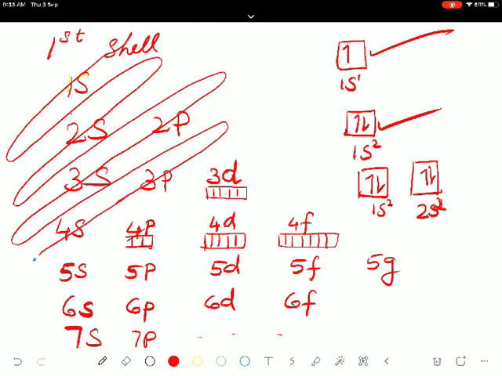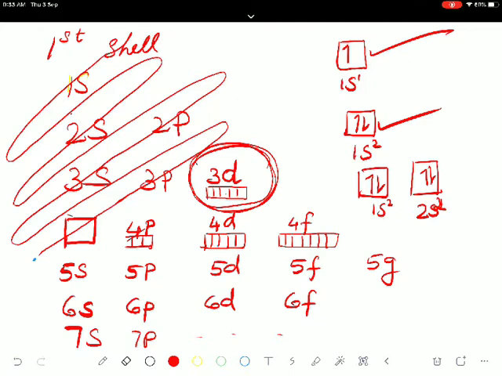So before going to this 3d, 4s will be filled. 4s is having lower energy as compared to 3d. So let's go to this 4s. 4s I can mark it as one box. So argon is over.